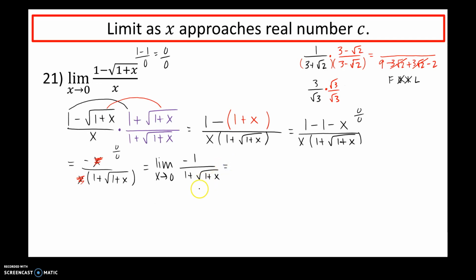Okay, now when I put 0 back into the simplified function, I get 1 plus square root of 1 is 1, so my limit would be negative 1/2. So it seems like quite a bit of work, but the thing that I have to get you to understand is you have to cancel something in order to get the limit to exist.